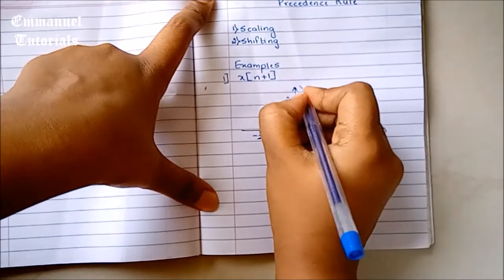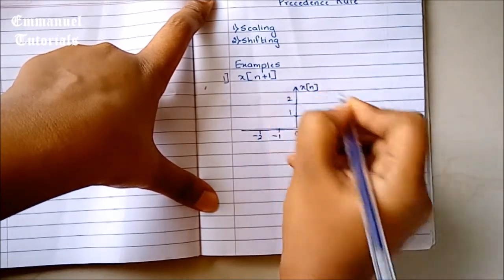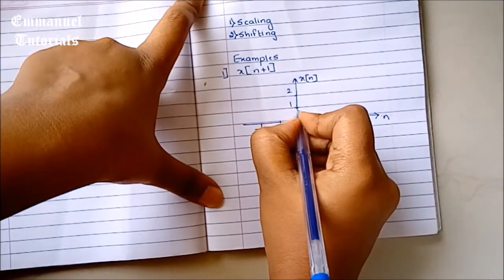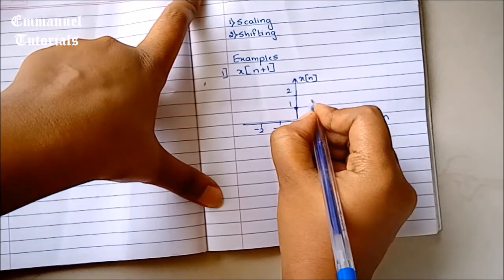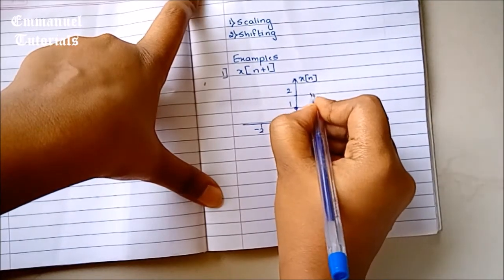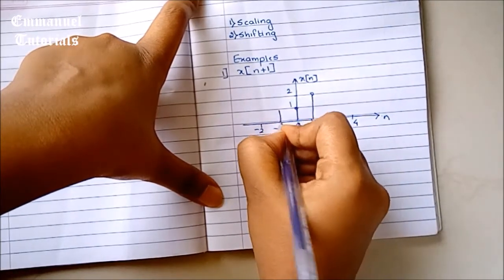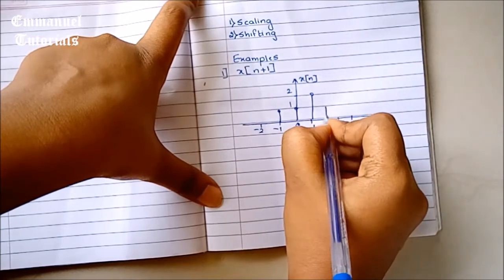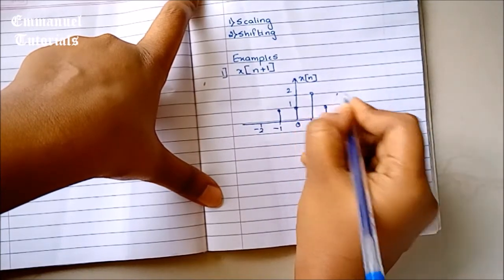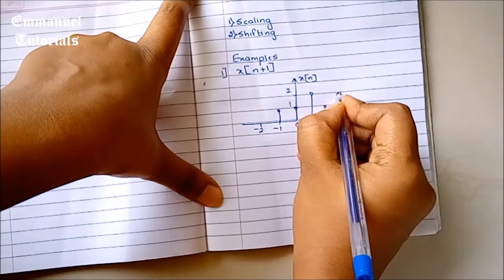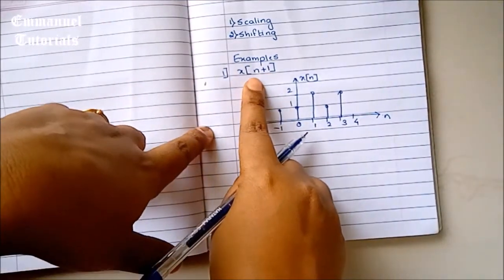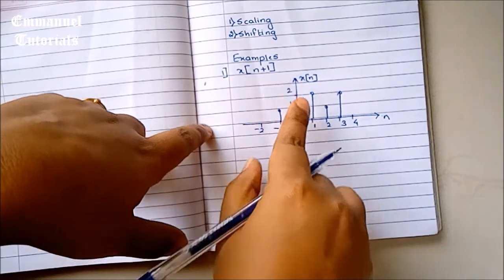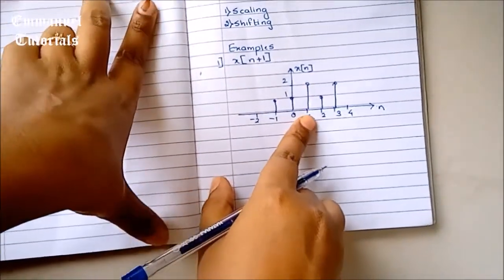Suppose we consider this as one signal. And we try to apply this function, that is x of n plus 1 to x of n.